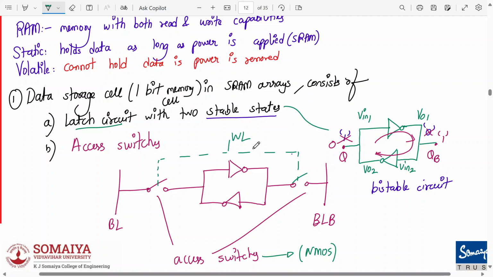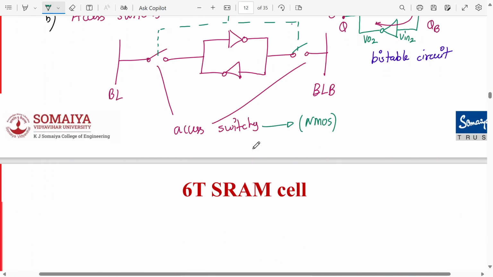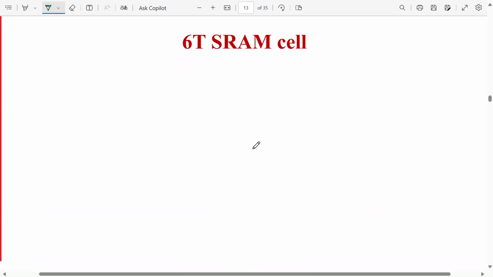Okay. So now next we go for the 6T SRAM cell. Let me directly jump to 6T SRAM cell basics. Basically your 6T SRAM cell has three operating modes. First is hold mode.